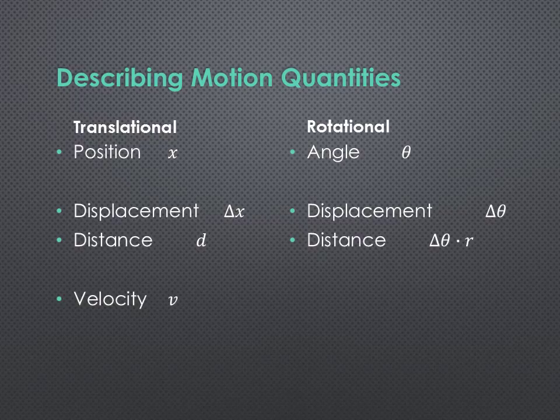In translational motion, we had velocity, which was your change in displacement over change in time, and speed, which was change in distance over time. In rotational motion, we have angular velocity, which is represented by the Greek letter omega, and so this is your change in angle over your change in time. Please remember that through this whole unit, we're doing our angles in radians.